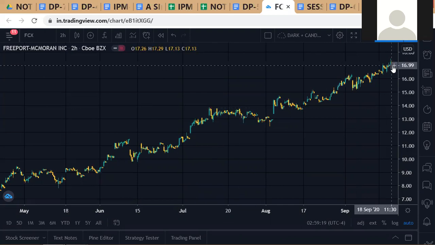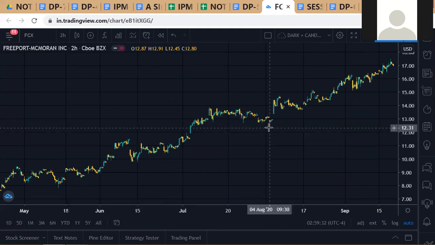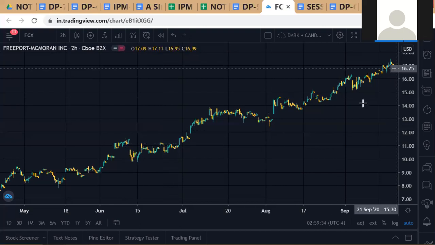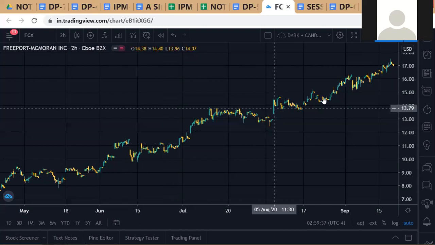This uptrend is incomplete. That means it will keep on extending higher and higher, making new and higher highs. Then we go back to our cyclicality note and talk about the properties of trends, and we ask what is the condition for starting, or what is the property of a trend?